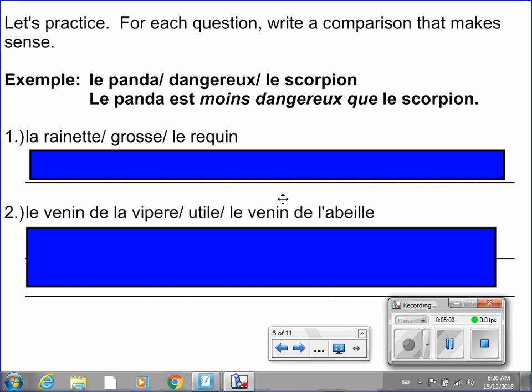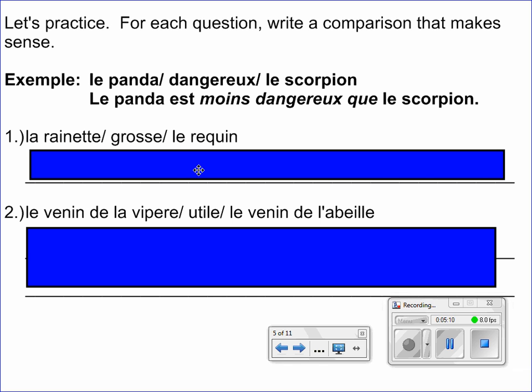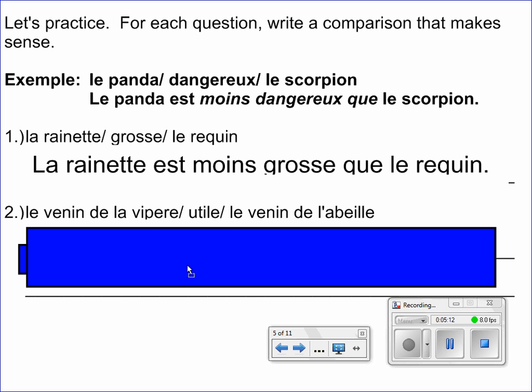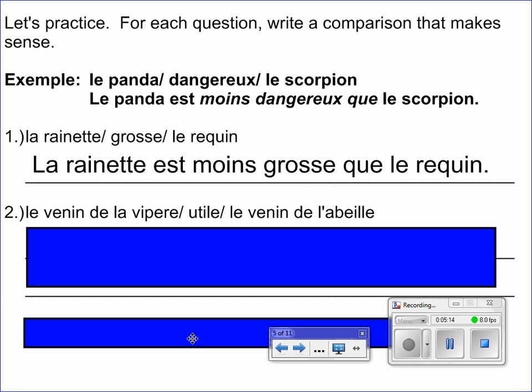So I'm thinking a tree frog is not as big as a shark. So I would write la rainette est moins grosse que le requin. And then for a second one, viper venom is as equally useful as bee venom.